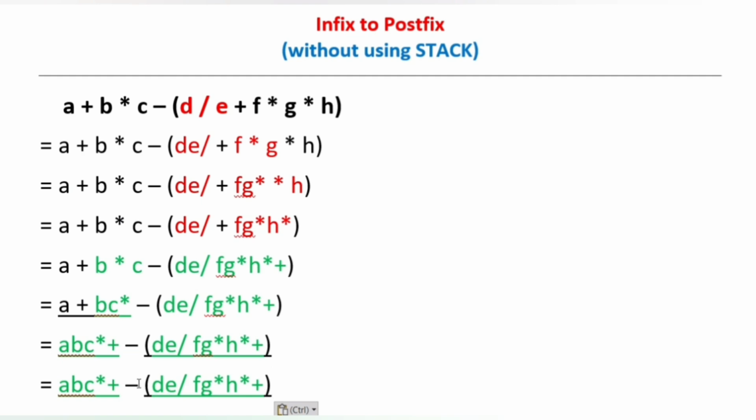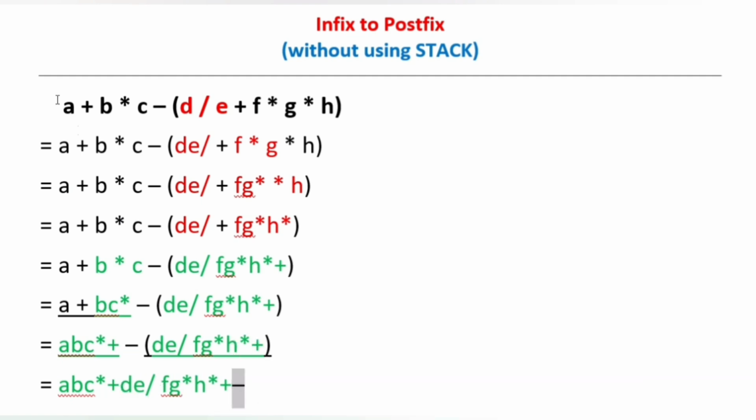And also in this case the bracket will be removed. That underlining I am removing. So this minus will be placed at the extreme end of this expression. That's all, we got it.